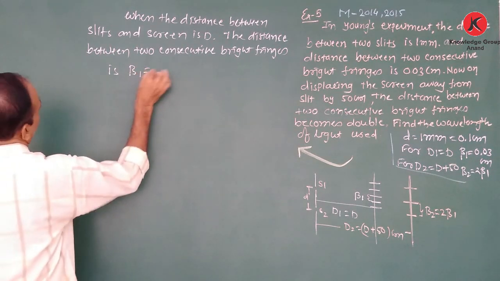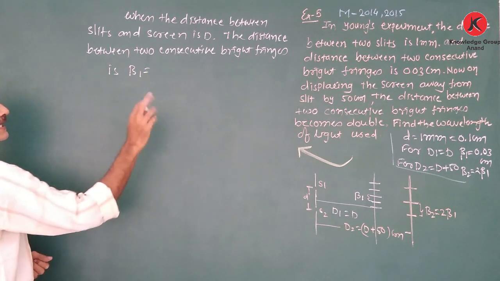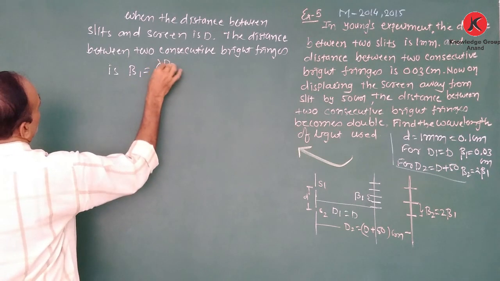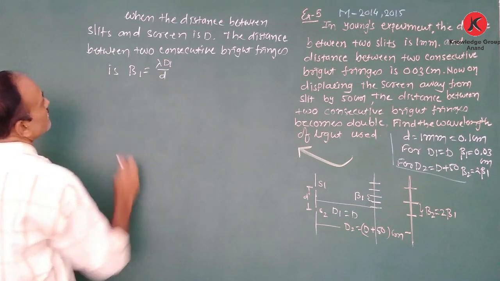Beta 1 is equal to lambda D1 upon small d.